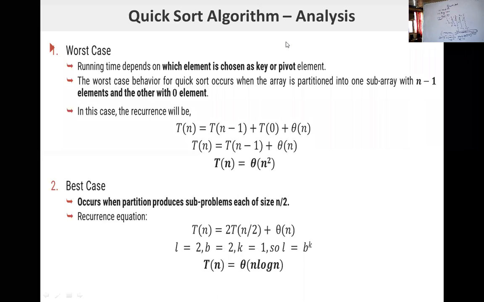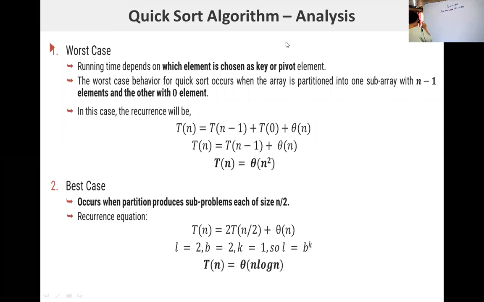And I'll tell you why it is n log n. Next is randomized quick sort.